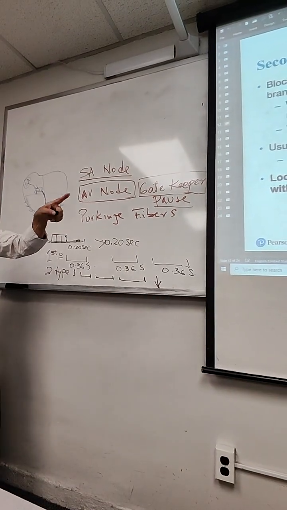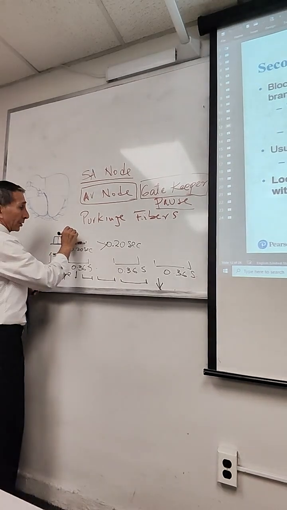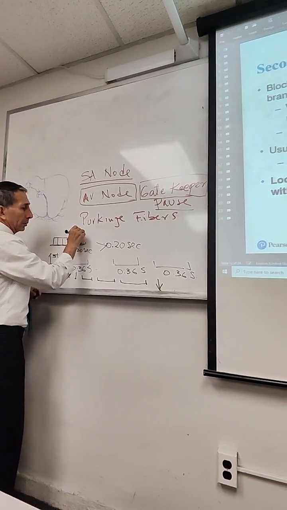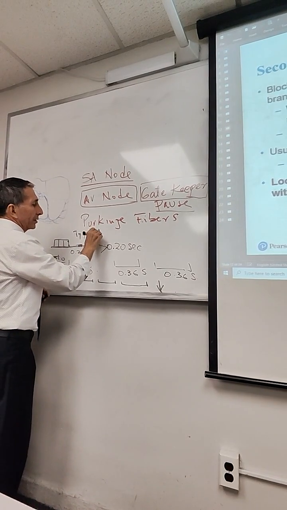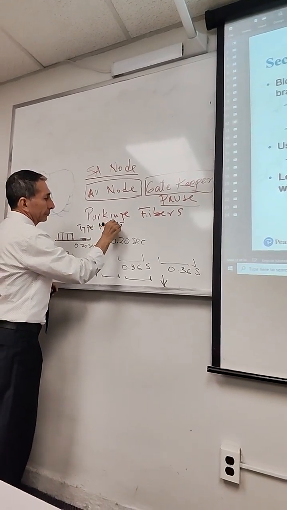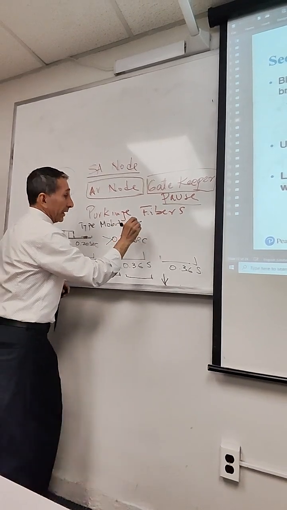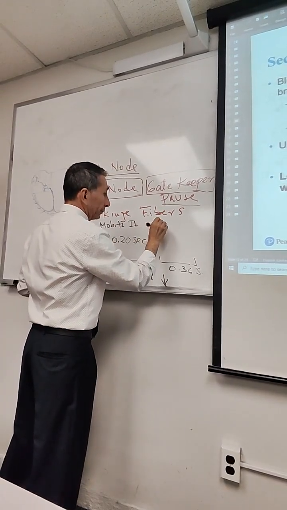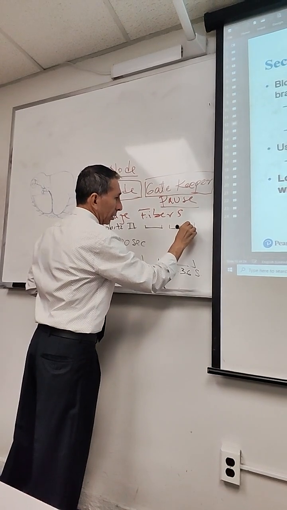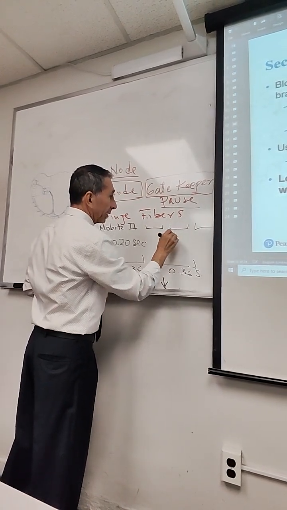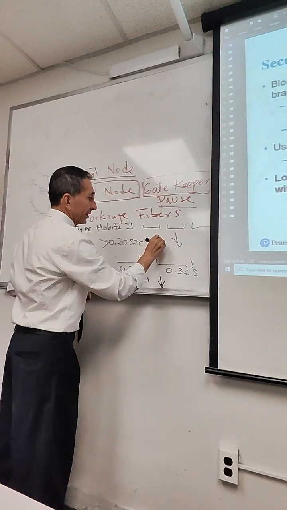Now, Mobitz 2, type 2, the PR interval is normal, but then it drops the QRS.